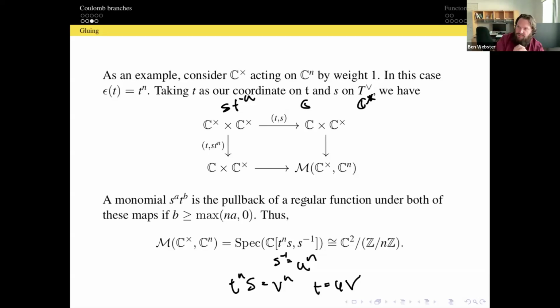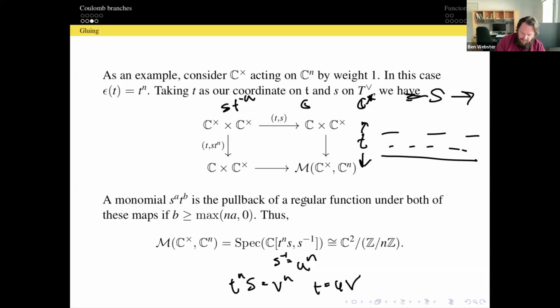So this is just an illustration of how this works. Before, I had Laurent polynomials in S tensored with polynomials in T, and this gluing construction showed me what I'm getting. If you think about the picture inside Laurent polynomials, this is my exponent in T, and this is my exponent in S. The Laurent polynomials in S and usual polynomials in T is like this half space.